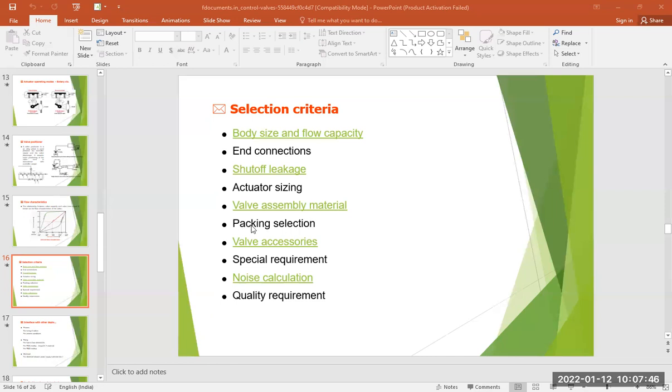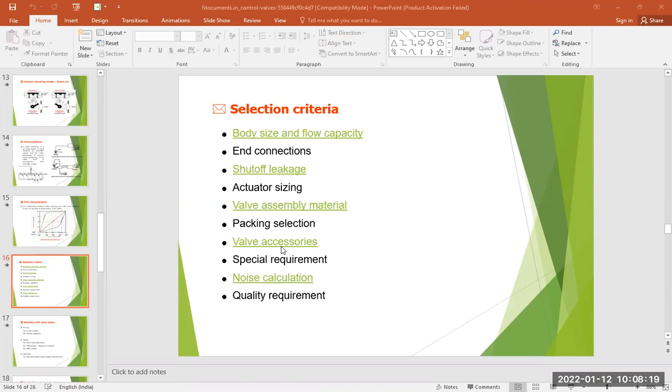Number 6, the packing selection. These are the different criteria when you have to use different types of control valve in our process control industries. Then these are basically the valve accessories. Valve accessories means the actuator, positioner system, valve body, and also the valve stem body. These are the different accessories we have to consider when selecting the control valve for our application.